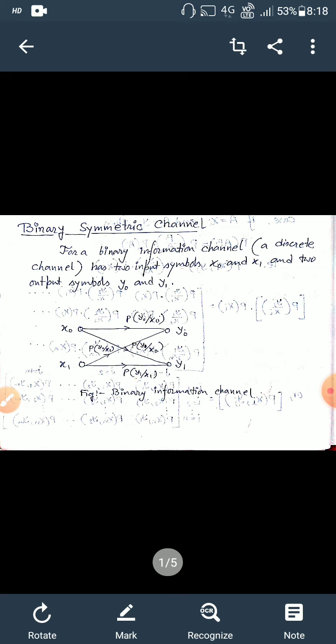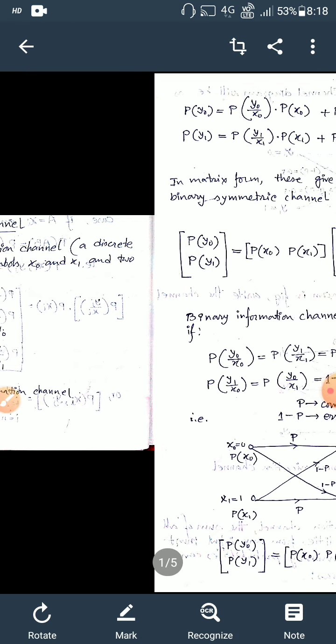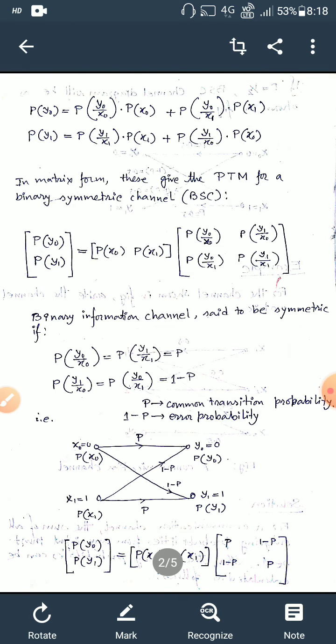If we recall the joint probability matrix properties, you can identify the value for the y0 probability and also the y1 probability, and they will be represented with that particular equation.